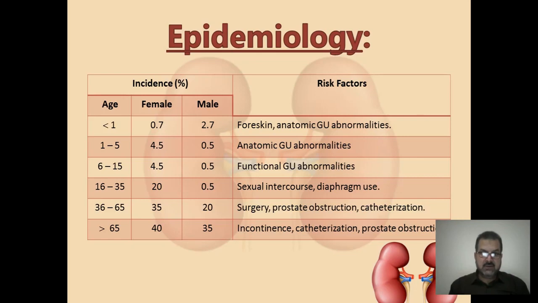Epidemiology, if you look at this slide: before the age of 1, males are more prone to infection because of the foreskin and anatomical abnormalities. After the age of 1 until the age of 65, the prominence is on the female side because of anatomical abnormalities, functional abnormalities, and sexual intercourse in the age of 16 to 35.